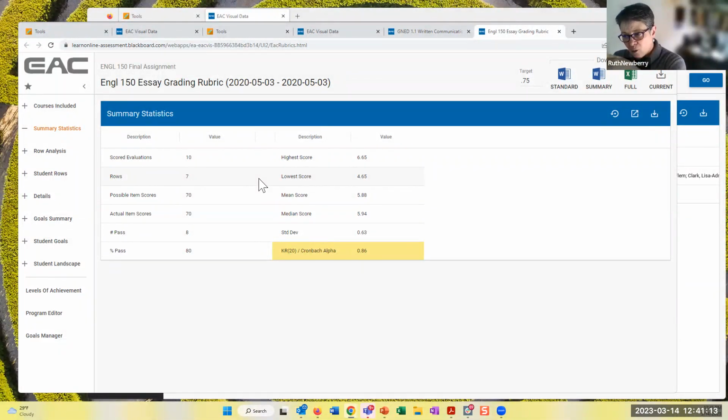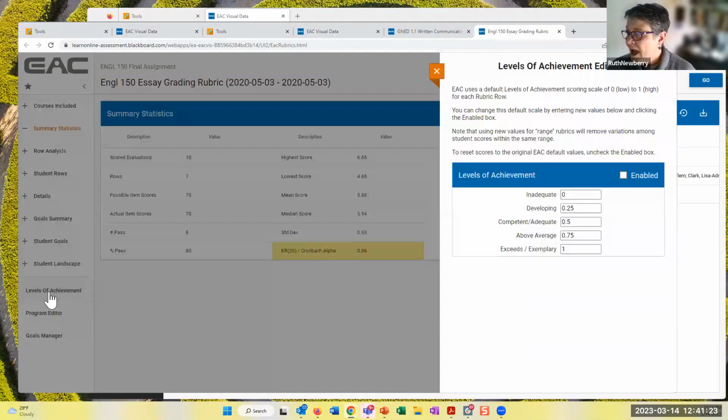So in a rubric, we're breaking out the levels of achievement, which you can actually see here at the bottom of the menu. And this is how we're scoring this particular rubric with those different levels statistically.